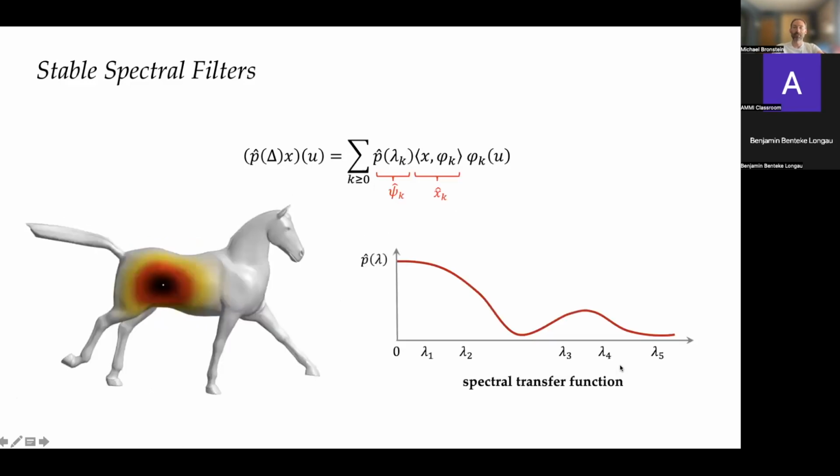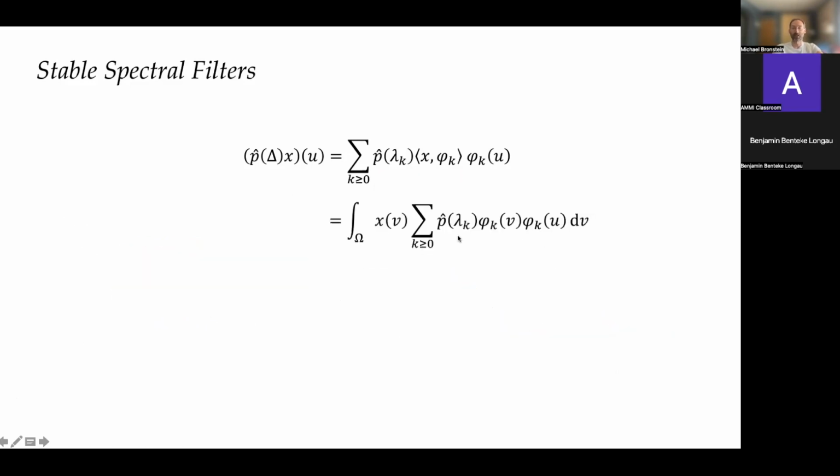Now let's write it slightly differently. So I can write the inner product, right? The inner product is an integral with respect to v of the signal x and the eigenfunction phi k. So I just change the position of the summation and the integration and assume that this is possible.